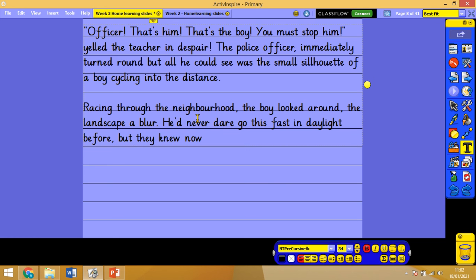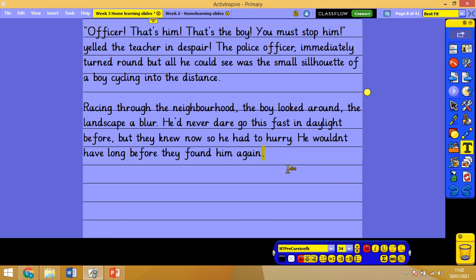So this is a little clue that I'm giving here: but they knew now. I'm being deliberately ambiguous. They knew now, so he had to hurry. He wouldn't have long before they found him again. So I'm using "they" to try and be mysterious a little bit.